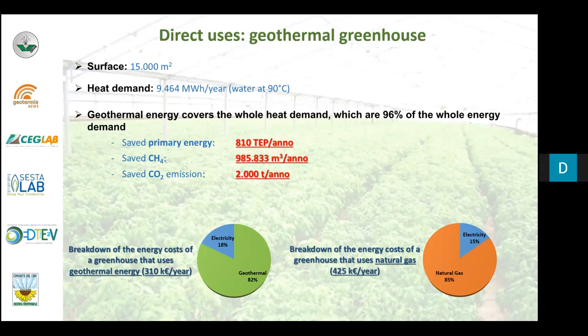And as for the dairy, here we have cost savings, and the use of geothermal energy can allow to save almost 30% of costs compared to a traditional greenhouse.